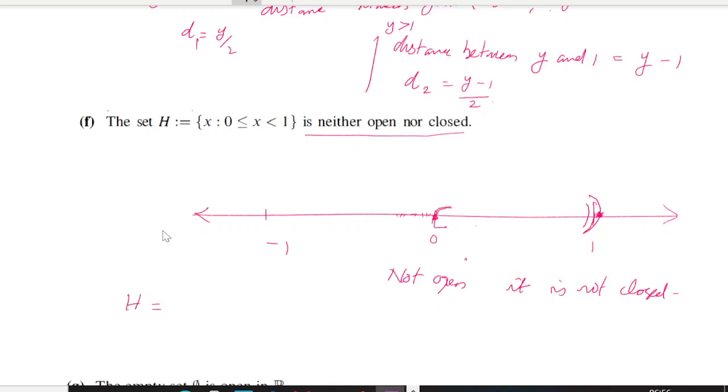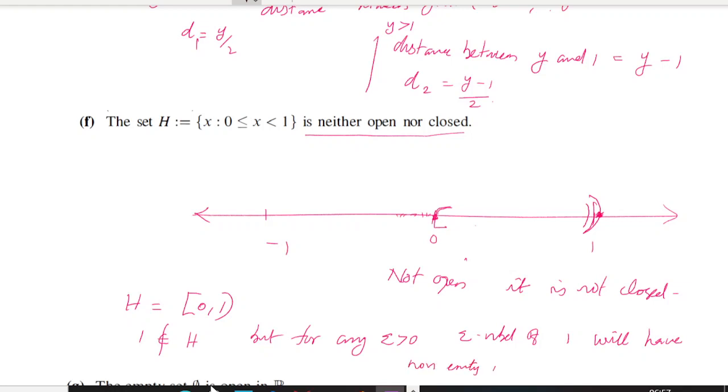Now 1 is not a point in H, but for any epsilon greater than 0, some epsilon neighborhood of 1 will have non-empty intersection with our set H. But according to our definition, in order to show that this is a closed set, it should have empty intersection.